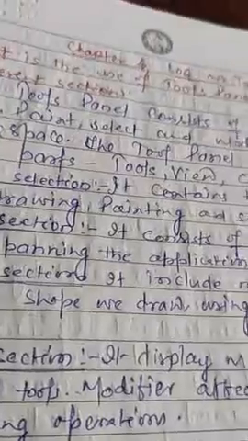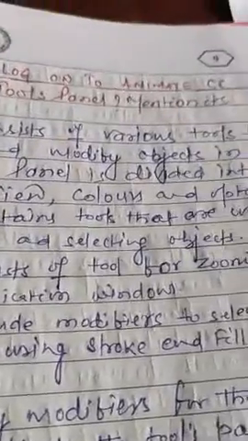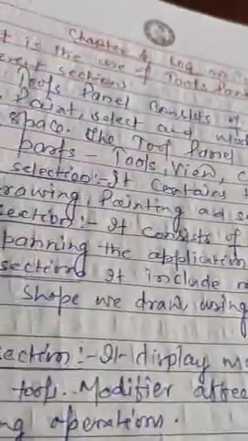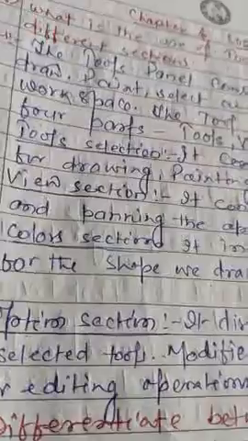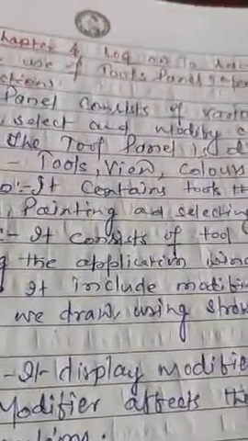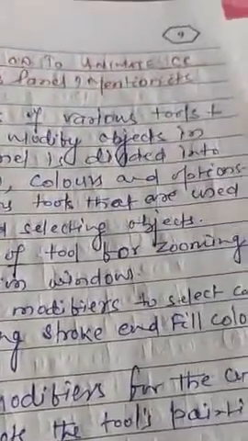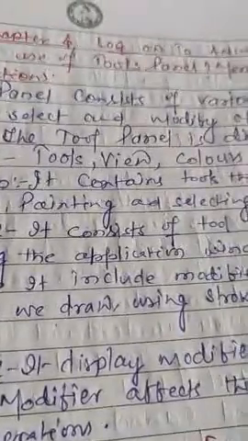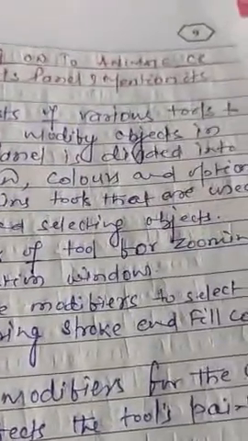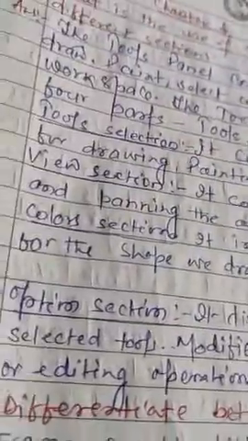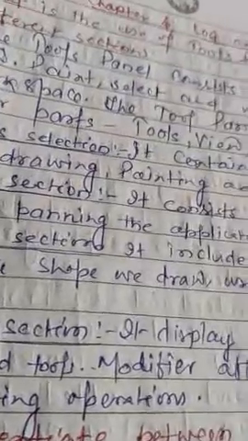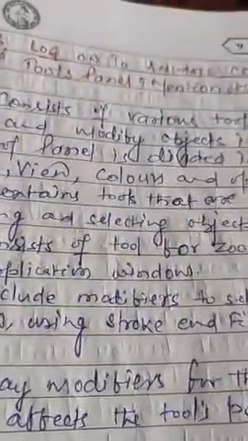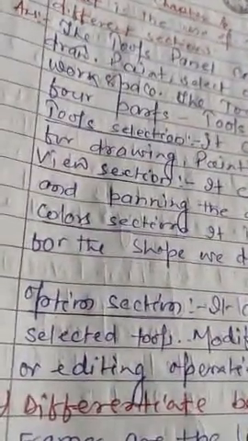Tool section. It contains tools that are used for drawing, painting and selecting objects. View section. It consists of tools for zooming and panning the application's windows. Third one, color section.